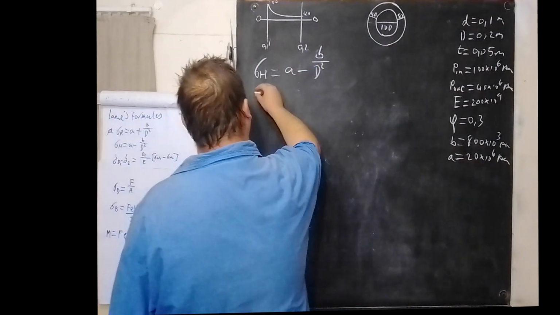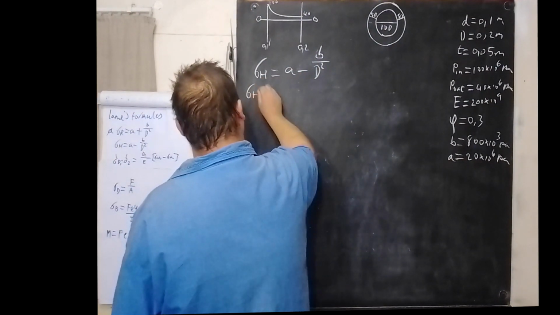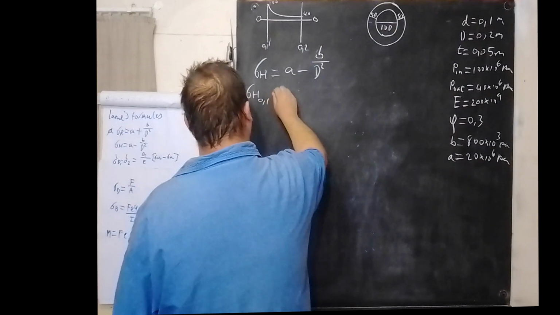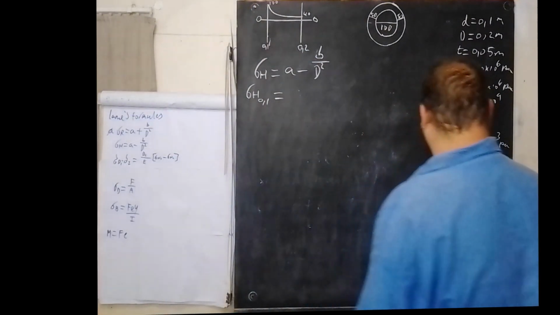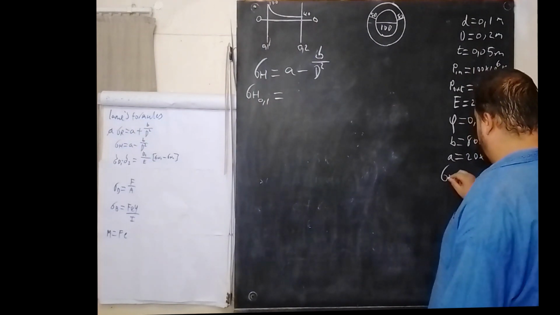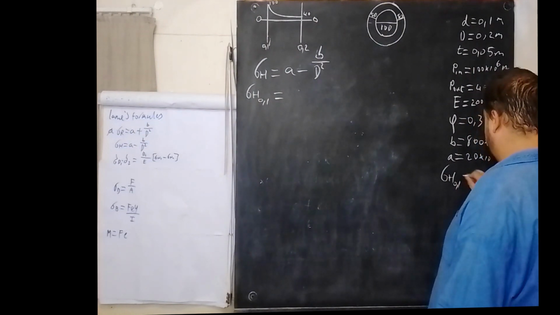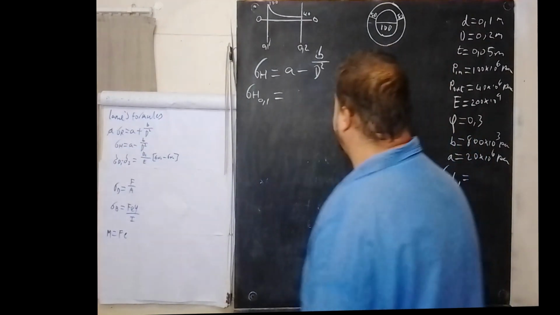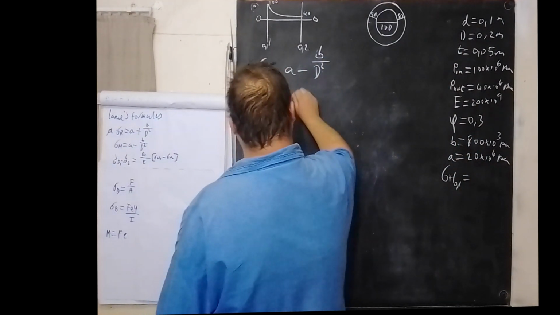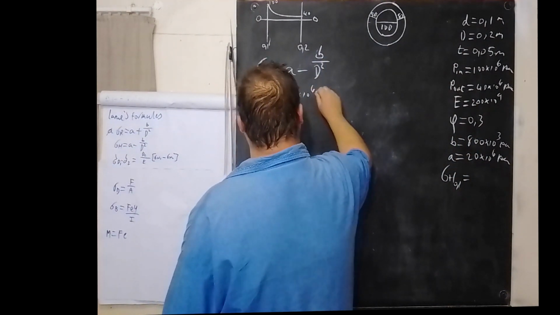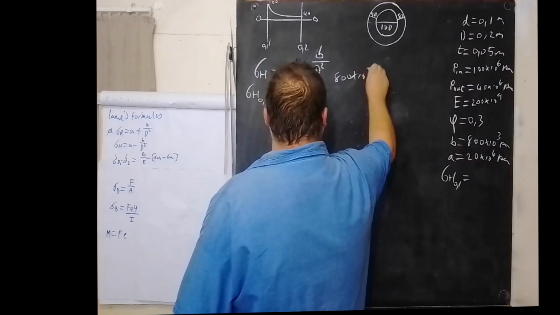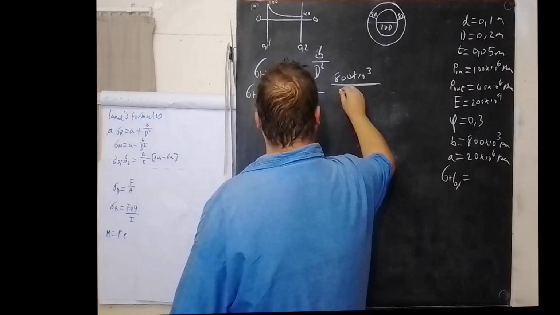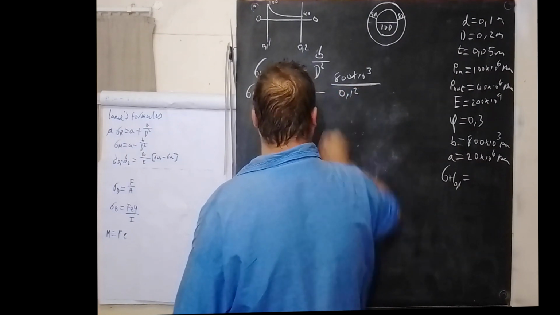So let's go. Hoop stress at 0.1. Now we will need the hoop stress later. So hoop at 0.1 will equal 20 times 10 to the 6 minus 800 times 10 to the 3 all over D, which is 0.1 squared.